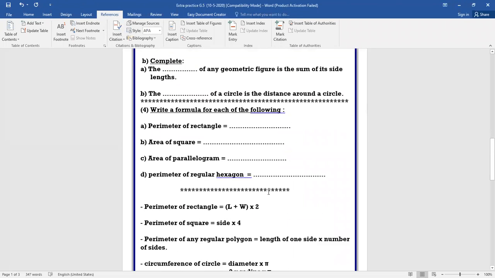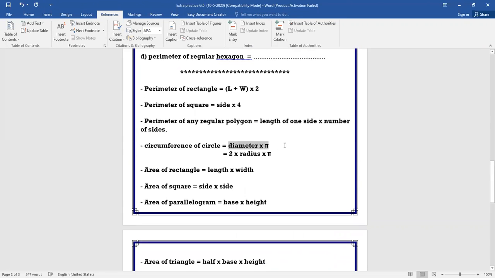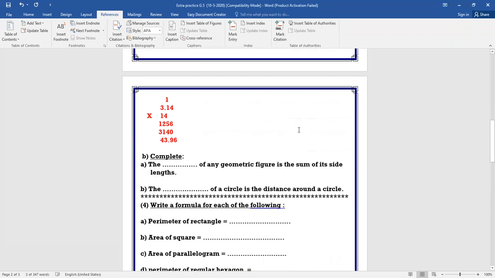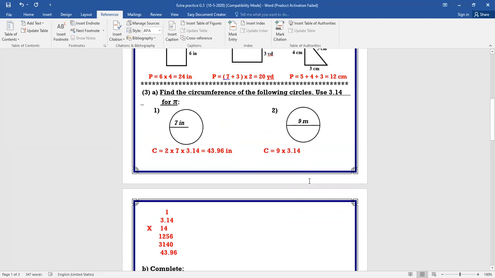Here we have the diameter, so in this case we use this formula: diameter multiplied by the value of pi, 3.14. Okay, let's make the multiplication here.